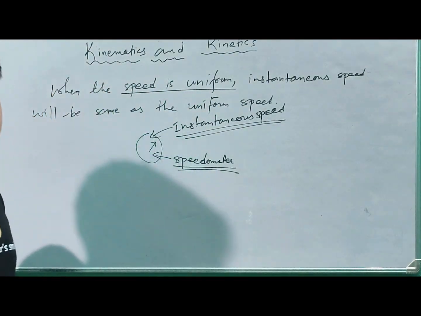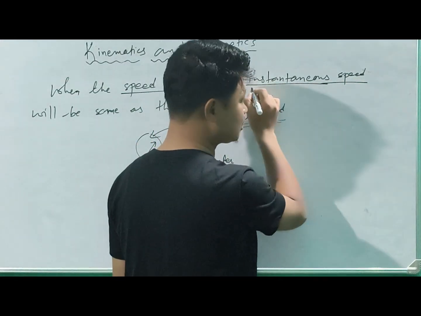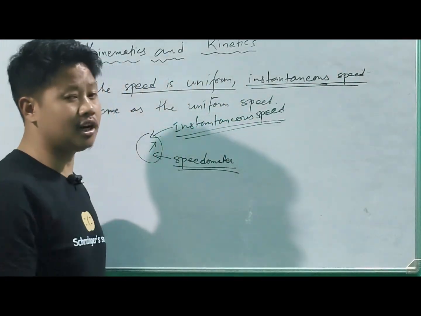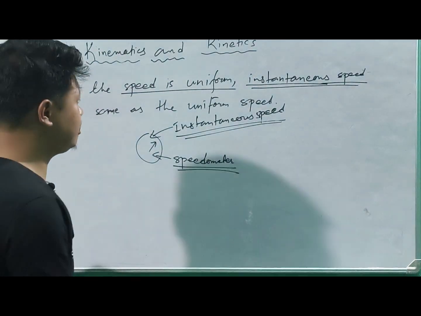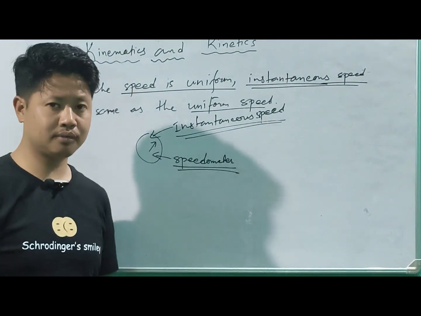When a car is moving with a uniform speed, that speed is actually called the instantaneous speed. So instantaneous speed and uniform speed can be the same when the object is moving with a uniform speed.